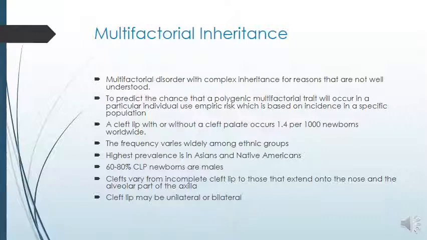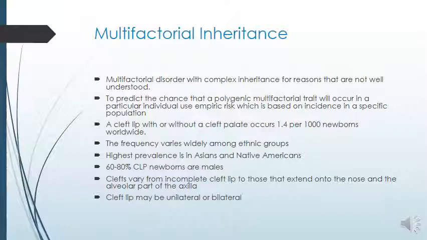To predict the chance that a polygenic multifactorial trait will occur in a particular individual, you use empiric risk, which is based on the incidence in a specific population. A cleft lip with or without a cleft palate occurs in 1.4 per 1,000 newborns worldwide.